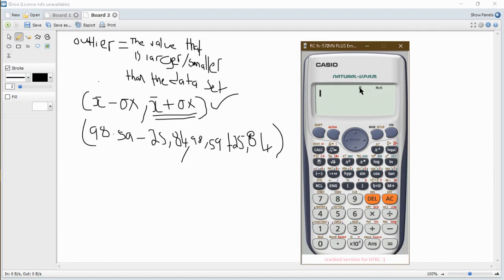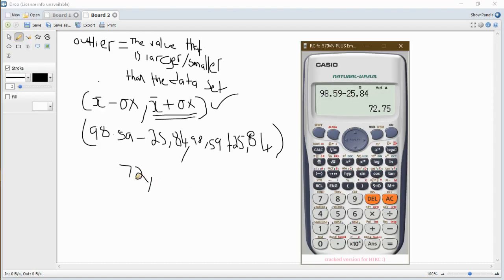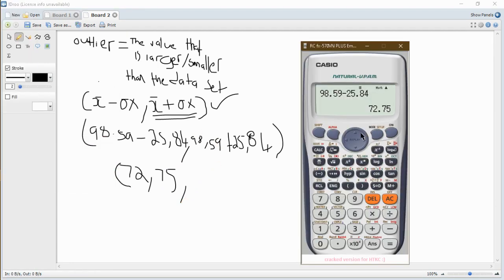Make sure it shows ED and math. Now we start: 98,59 minus 25,84. We get 72,75. And on this side you will put the plus.